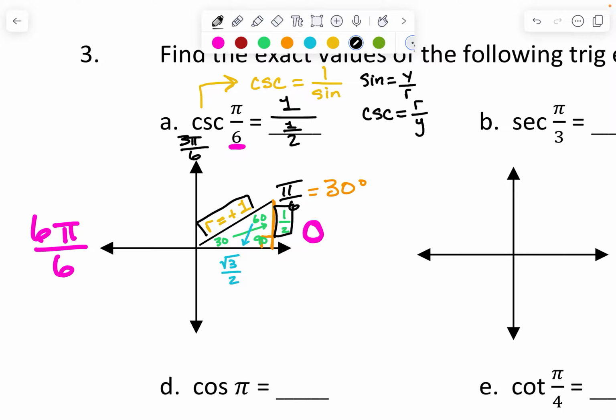That is almost simplified. It's technically dividing by a fraction, so I need to keep, change, flip, which would flip my 1/2 down here, and it would be 1 times 2, which is 2. So the cosecant of pi over 6 is 2.